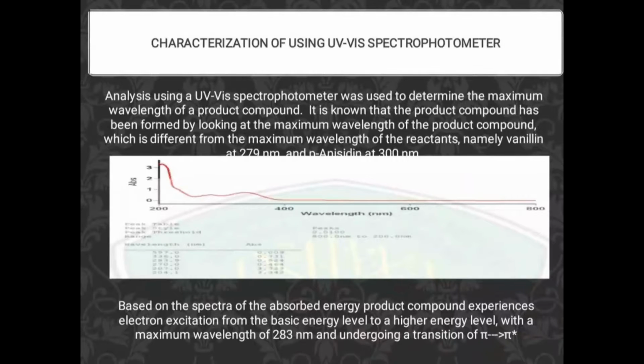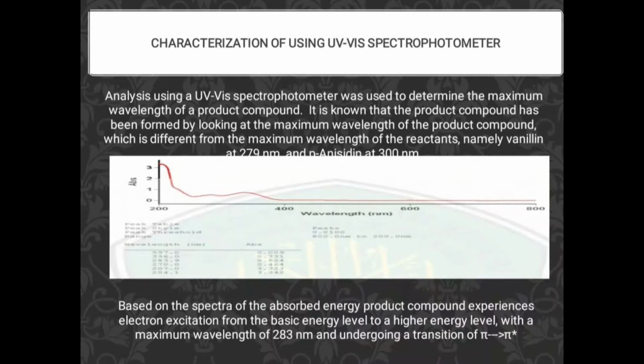Analysis using a UV spectrophotometer was used to determine the maximum wavelength of the product compound. It is known that the product compound has been formed by looking at its maximum wavelength, which is different from the maximum wavelength of the reactants, namely vanillin at 179 nanometers and p-Anisidine at 100 nanometers.